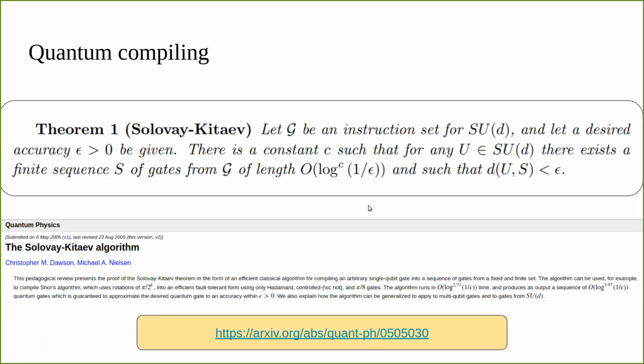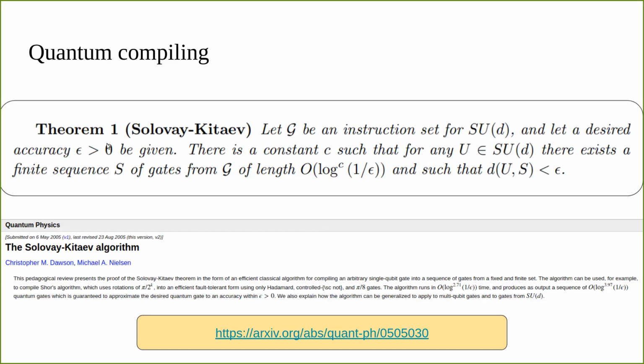Okay, so an important result in quantum compiling, just to mention it quickly, is the Solovay-Kitaev theorem. This gives you the scaling in terms of the accuracy that you want for doing compiling. And it goes as follows. Let G be an instruction set for some d-dimensional unitary. So this is the basis gates. And we give it as input a desired accuracy epsilon.